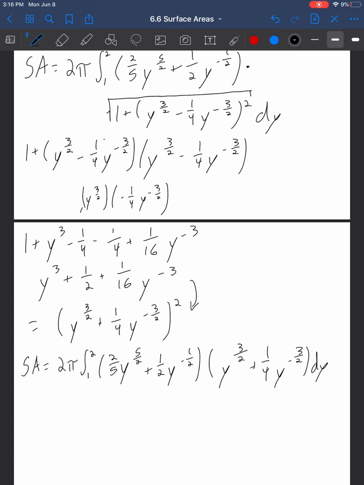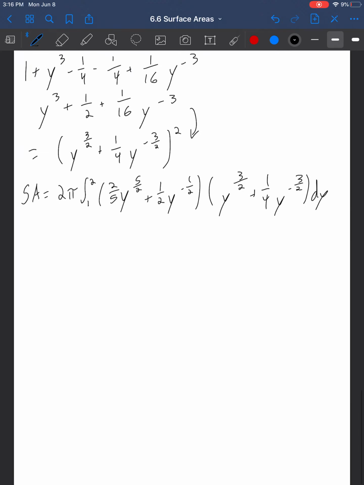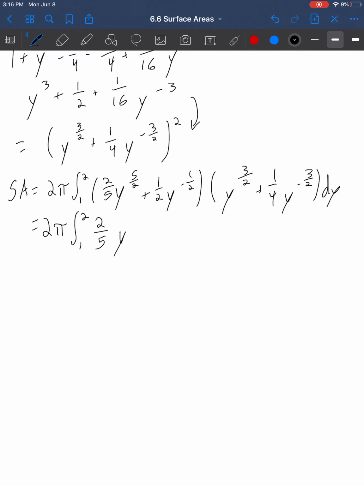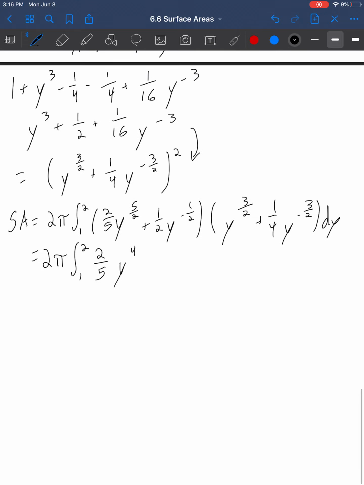So what we can do here is take these two expressions and multiply them out. We're just going to get a bunch of terms with y to some power in front of them, and we know how to take the integral of these terms. So if I do this, 2 pi, integral from 1 to 2, the first terms, 3 halves plus 5 halves, will be 8 halves, or 4. So I have 2/5 y to the 4.